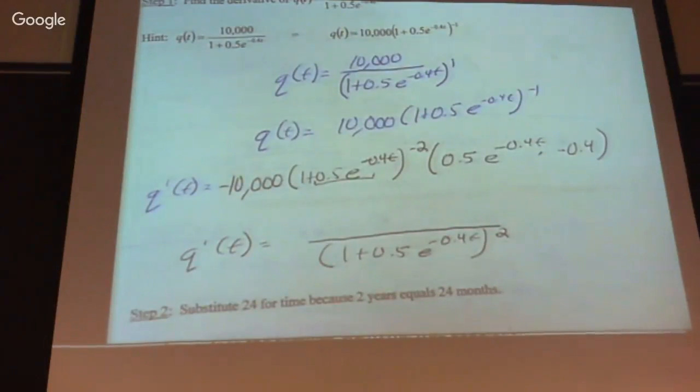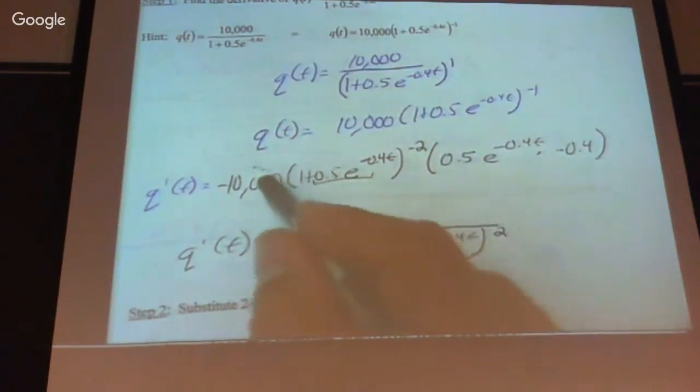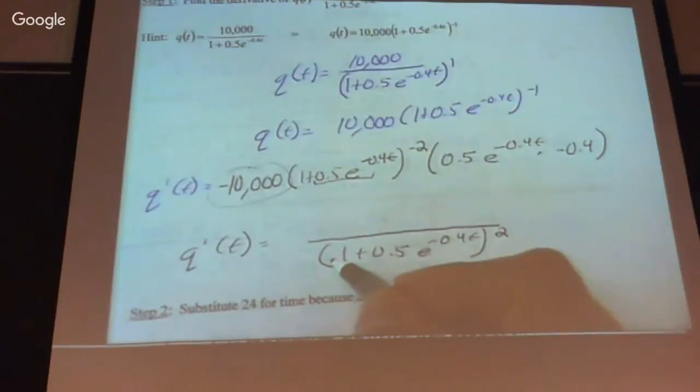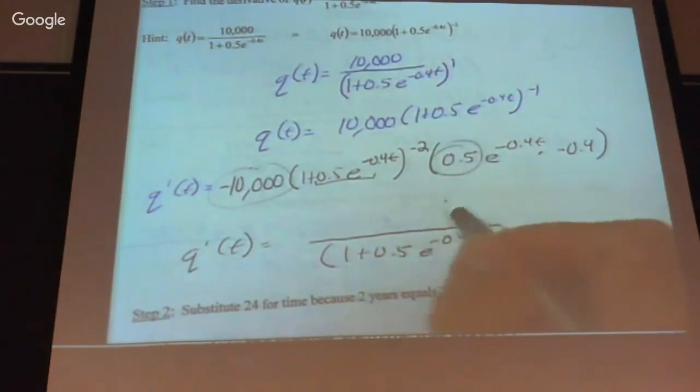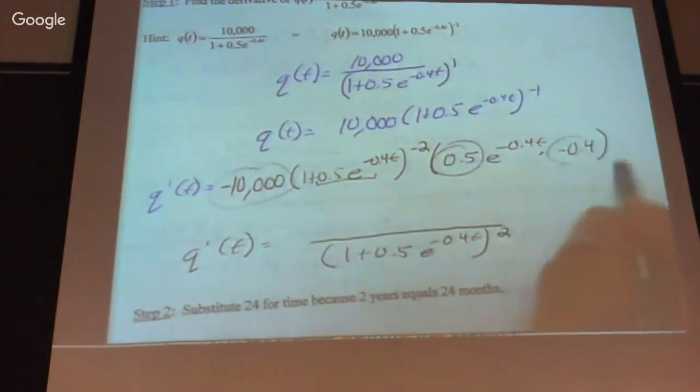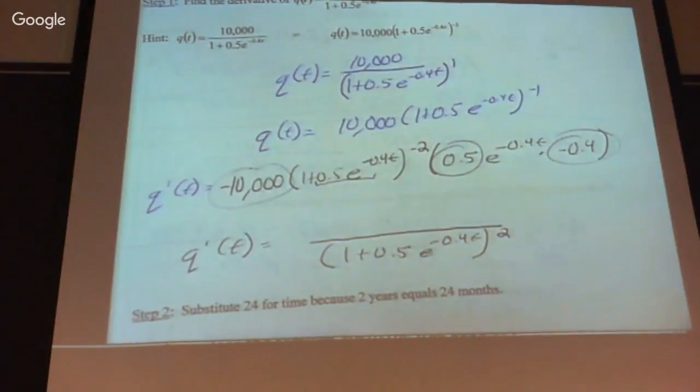Now, what things can I multiply? -10,000 times 0.5 times -0.4. Those are all just numbers being multiplied.